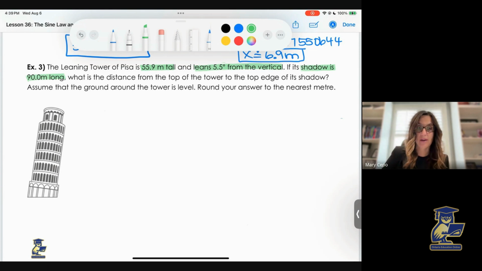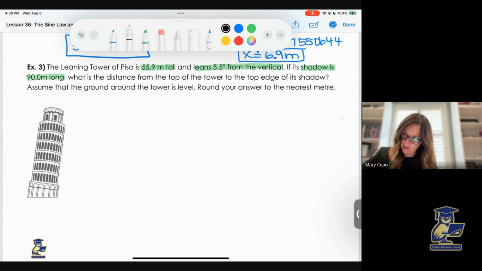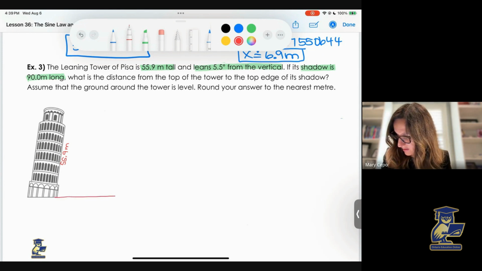So let's draw that. It's always good to have a drawing to understand what is going on. So we know the tower is 55.9 meters. We know the shadow is always on the ground.